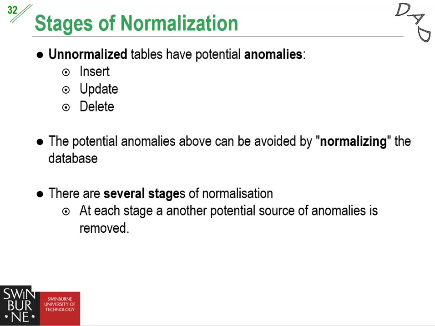Now there are stages of normalization. Before we go into those stages, why do we need normalization? What do you mean by unnormalized data? In an unnormalized database, you know that the tables can have potential anomalies, right? If you have unnormalized data, we may have insert anomalies, update anomalies, and deletion anomalies.